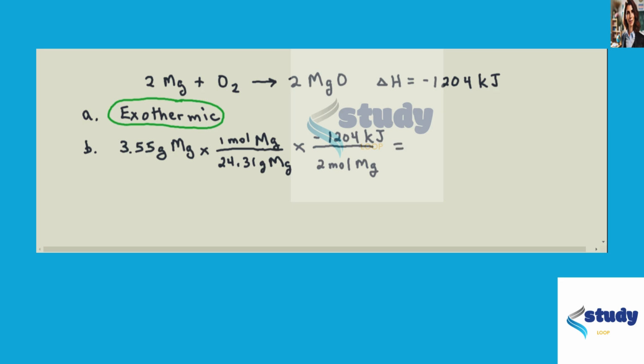So this will tell us the enthalpy change if we start with 3.55 grams magnesium. Notice the grams cancel, moles of magnesium cancel, and we are left with the enthalpy change. Calculating this, we get negative 87.9 kilojoules, which is our answer for part B.